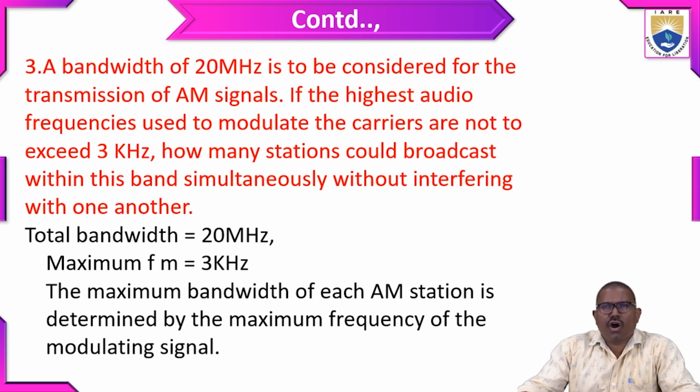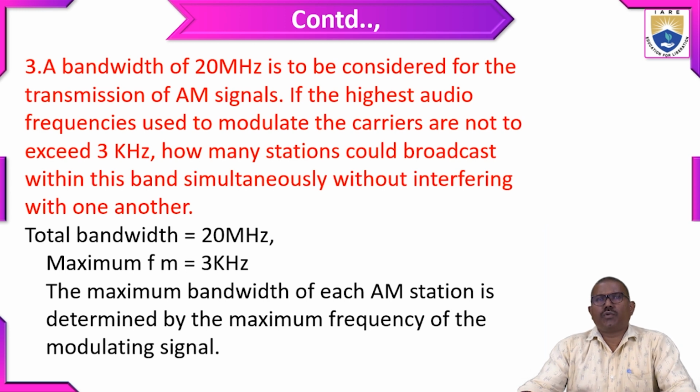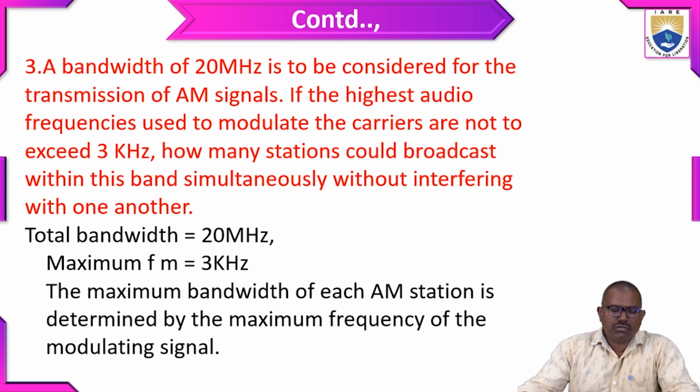The highest audio frequency used to modulate the carriers is not to exceed 3 kHz. How many stations could broadcast within this band simultaneously without interfering with one another? Already we know that AM bandwidth is less when compared with the FM signal. So here the maximum bandwidth is given as 20 megahertz.